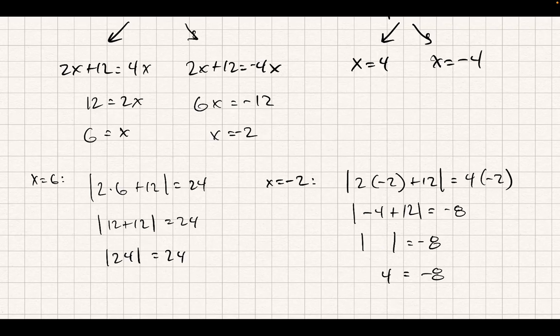So 8 equals negative 8, which isn't true. So what is this called when we have a statement like this? Extraneous? Not real. This is a contradiction. Contradiction, gotcha. Which means x equals negative 2 is an extraneous solution.